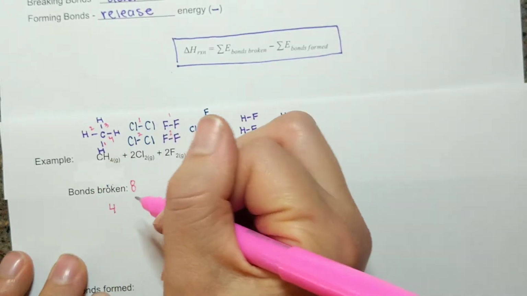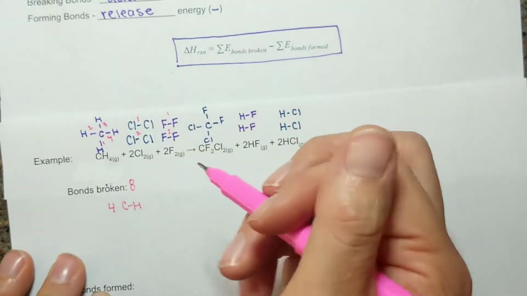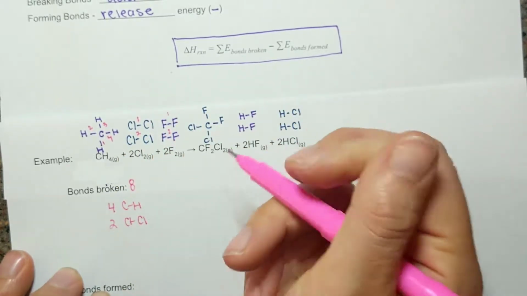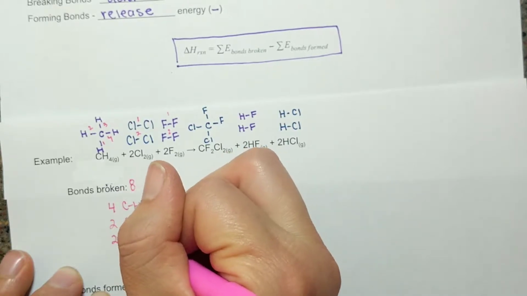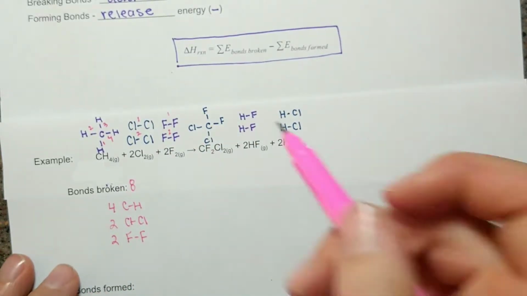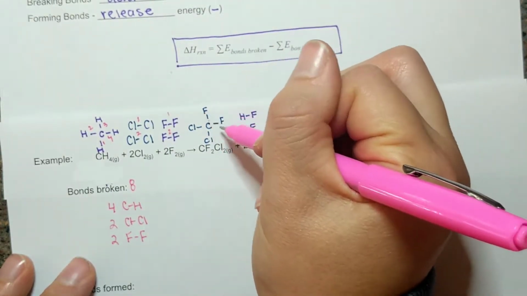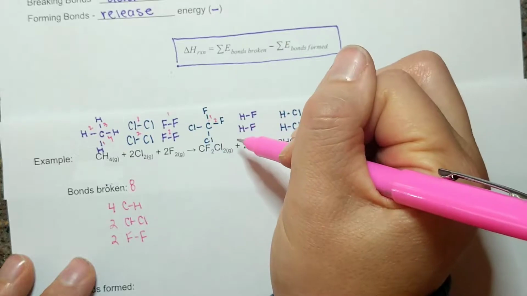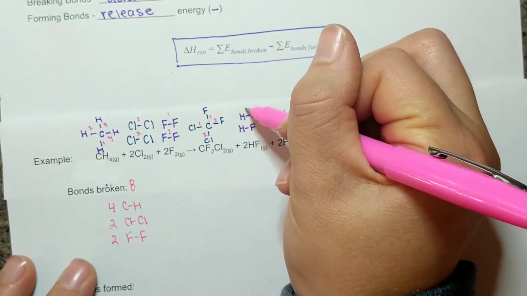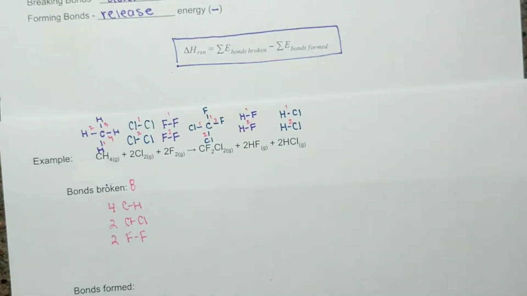So my total number of bonds broken is 8: I have 4 carbon-hydrogen bonds, 2 chlorine-chlorine bonds, and 2 fluorine-fluorine bonds. If I look at bonds made, I have 2 carbon-fluorine bonds, 2 carbon-chlorines, 2 hydrogen-fluorines, and 2 hydrogen-chlorines.